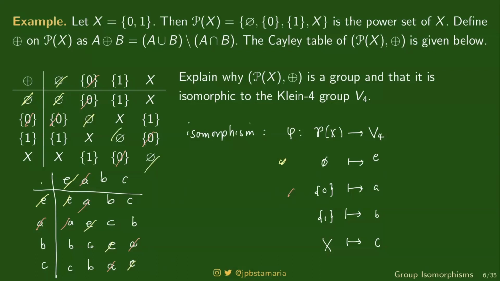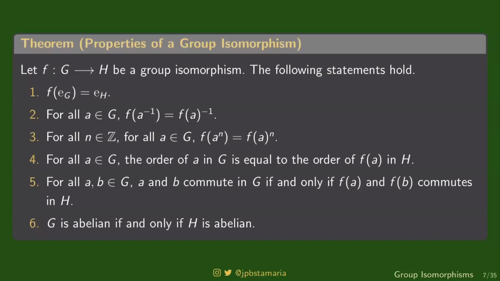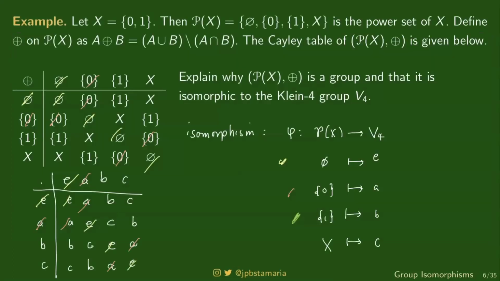What other color? For example, let's color the 1 and B green. Okay, the 1 and B, let's color them green. Then the remaining ones, let's color blue: the X and C. So as you can see, by ignoring the names of the elements and just thinking of the colors, you find that they are essentially the same tables.